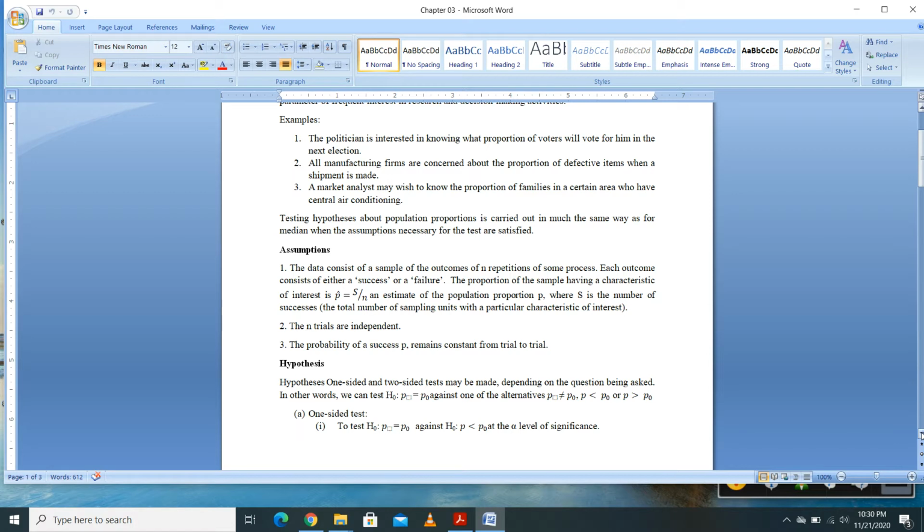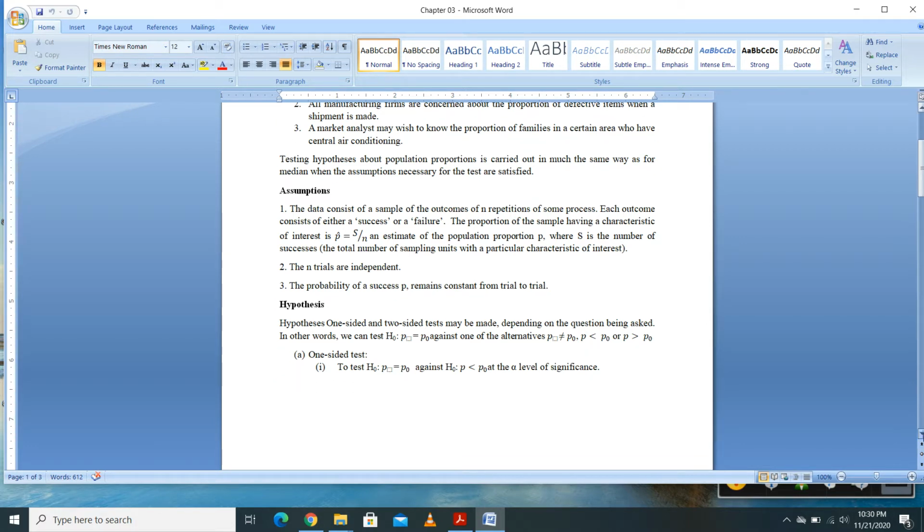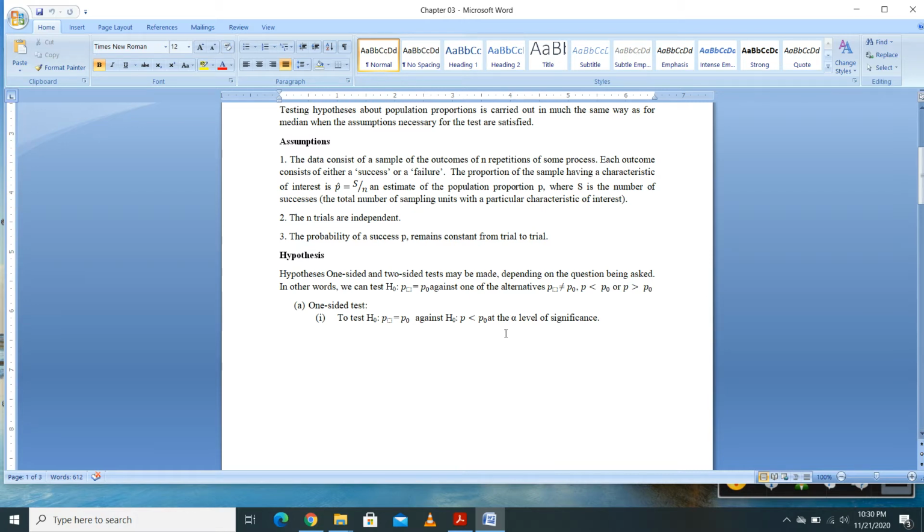As we discussed for the median, when it comes to the binomial test also, you can conduct a one-sided test as well as a two-sided test, right? First we'll discuss the one-sided test. Here there's a small mistake, I'll correct it. It should be the alternative hypothesis H1.